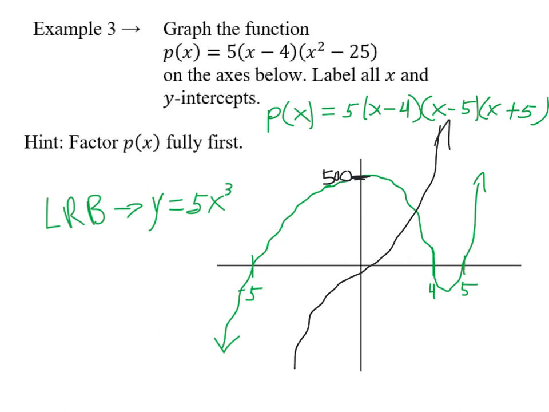So I think we're good. It would be rising as x approaches infinity, and as x approaches -infinity, we would be going down. So I think our graph is well done.